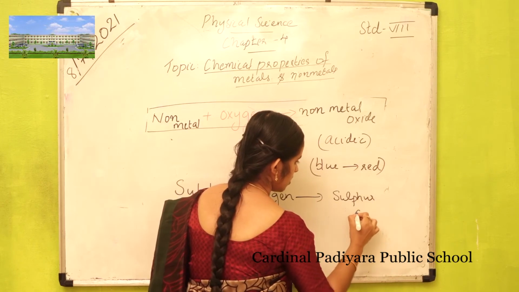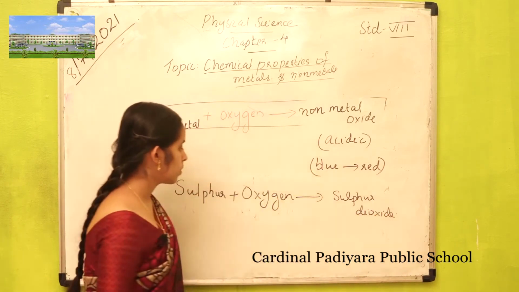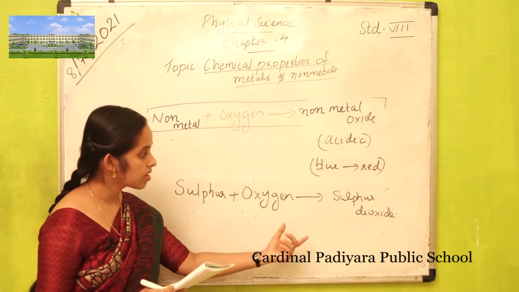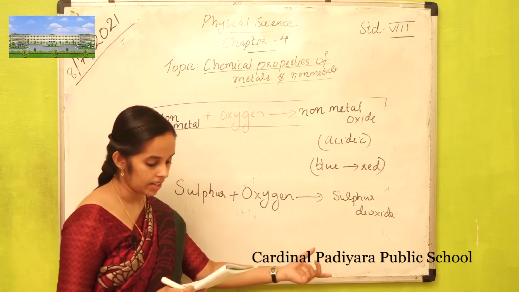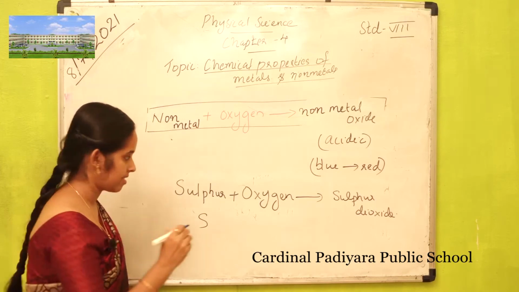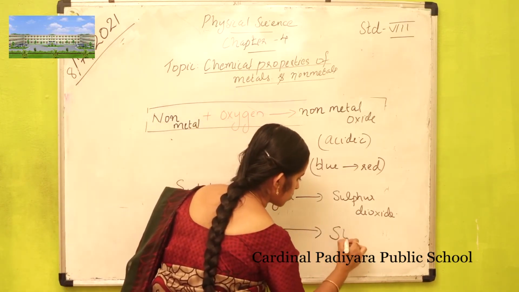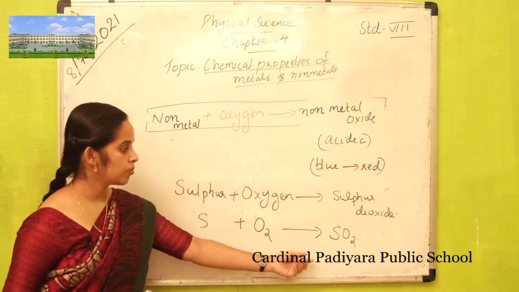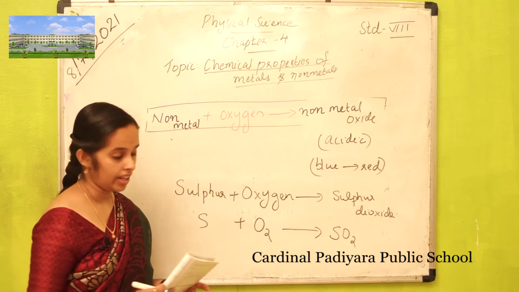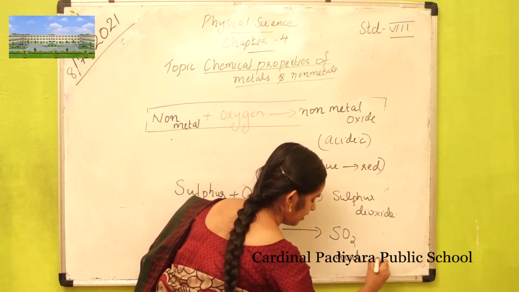So a non-metal, sulfur, reacts with oxygen to form sulfur dioxide. The formula is S plus O2 gives SO2. The SO2 formed here is acidic in nature.